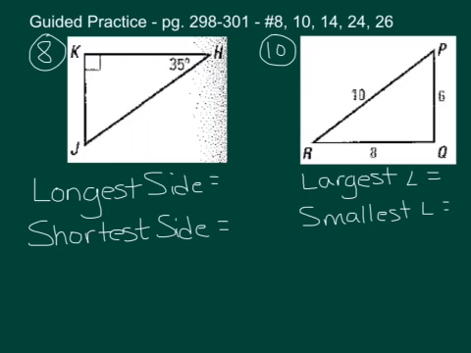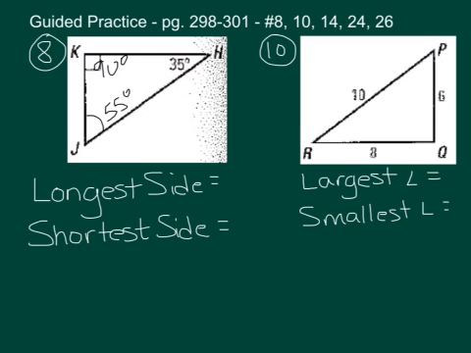Okay, let's start with some example problems. On pages 298 to 301, numbers 8, 10, 14, 24, and 26. Looking at number 8, we're supposed to identify the longest and shortest side of triangle JKL. Well, remember that the longest side is going to be opposite the largest angle. The first thing I want to do is find angle J, and because angle K is 90 degrees and angle L is 35 degrees, that's 125 degrees, so that means angle J has to be 55 degrees.